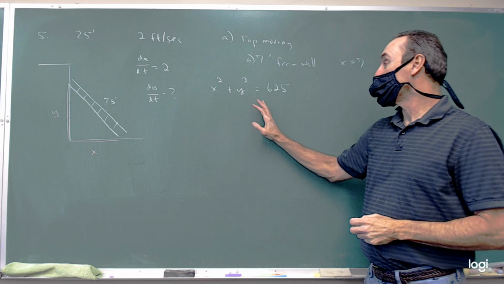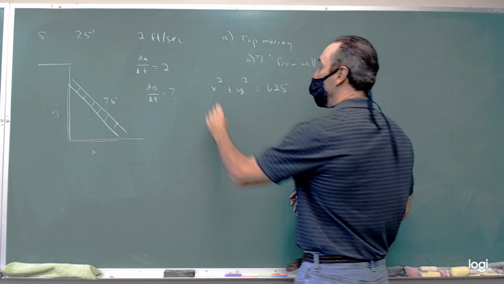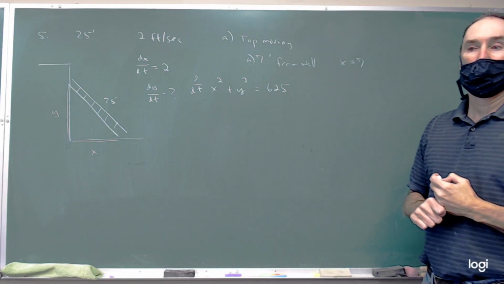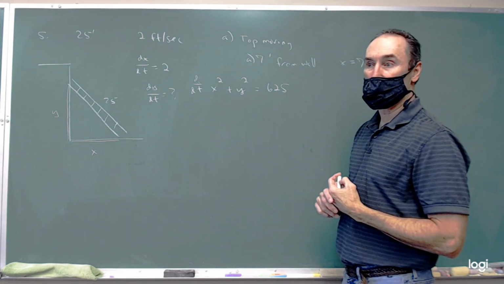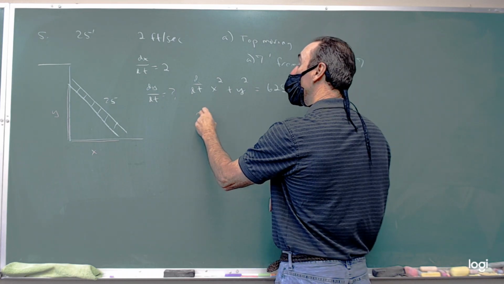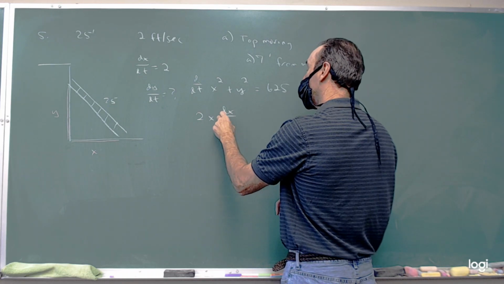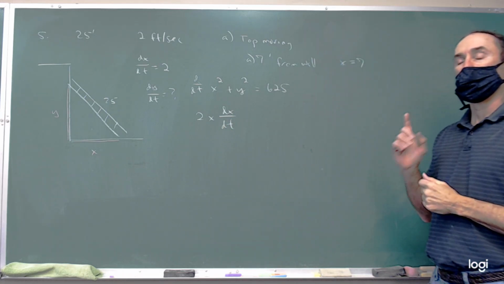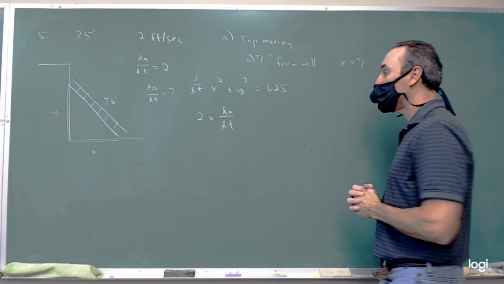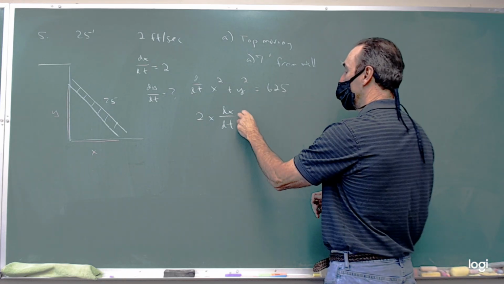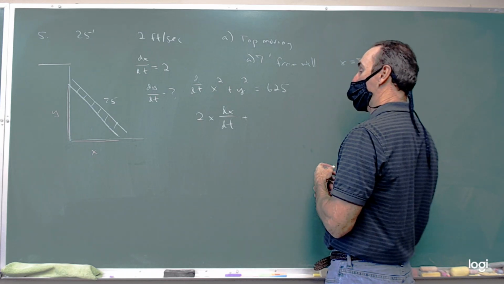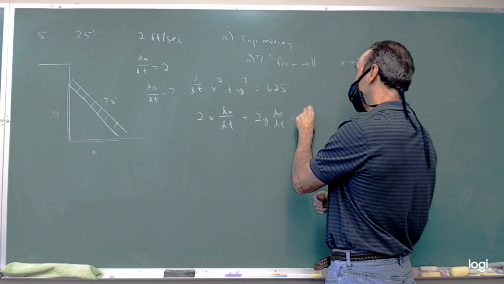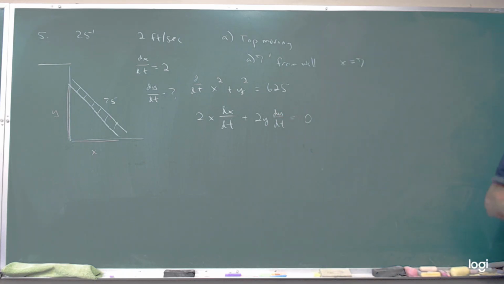As you look at this, x and y are both functions of time, and so we'll differentiate with respect to t. The derivative of x squared is going to look like 2x to the first times the derivative of x, which we're going to call dx/dt, plus 2y dy/dt. It's a chain rule derivative because it's really an x of t in there. And the derivative of 625, a constant, is 0.